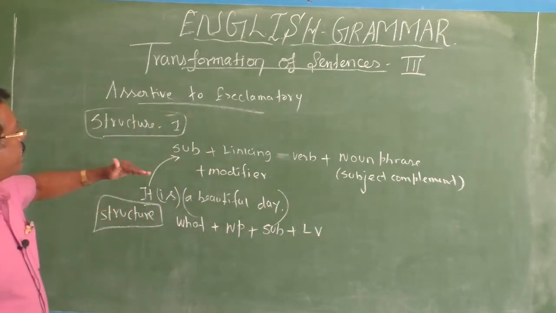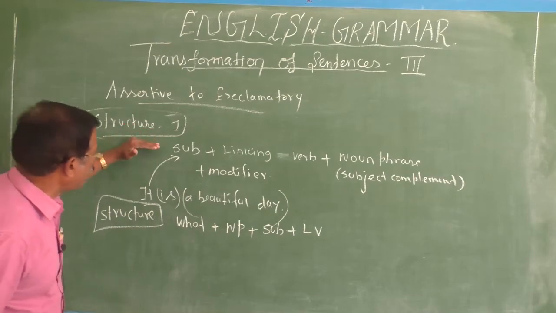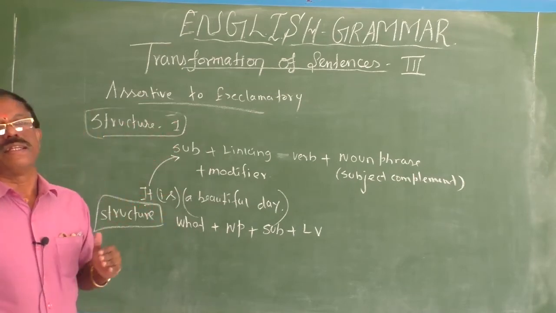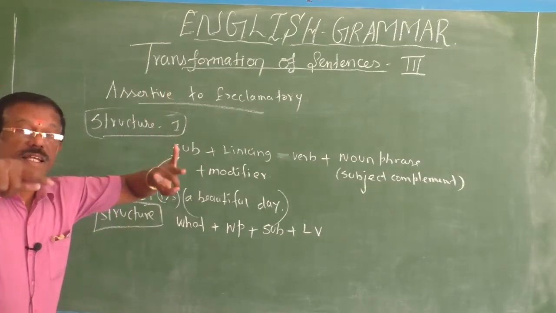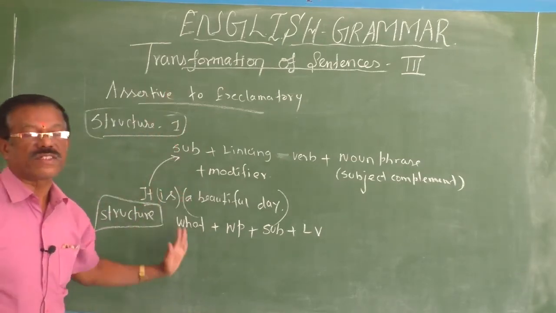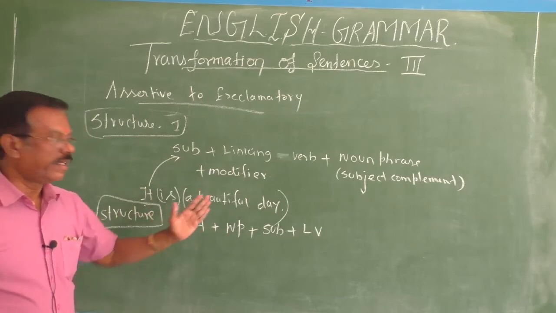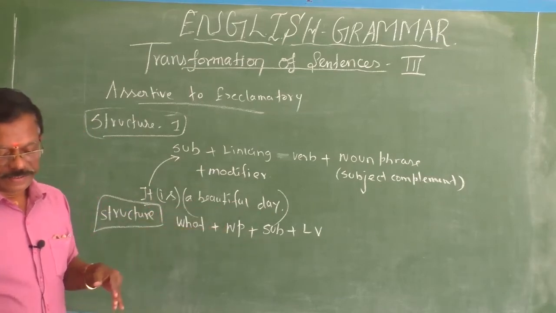So when you change this assertive sentence into an exclamatory sentence, it should have this structure: what plus noun phrase plus subject plus link verb.